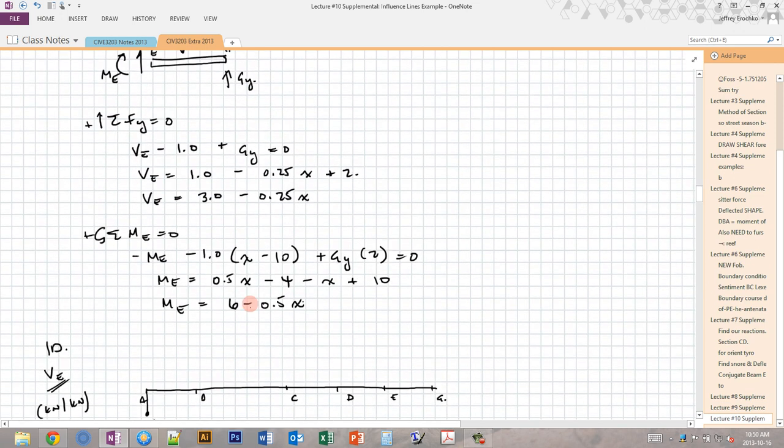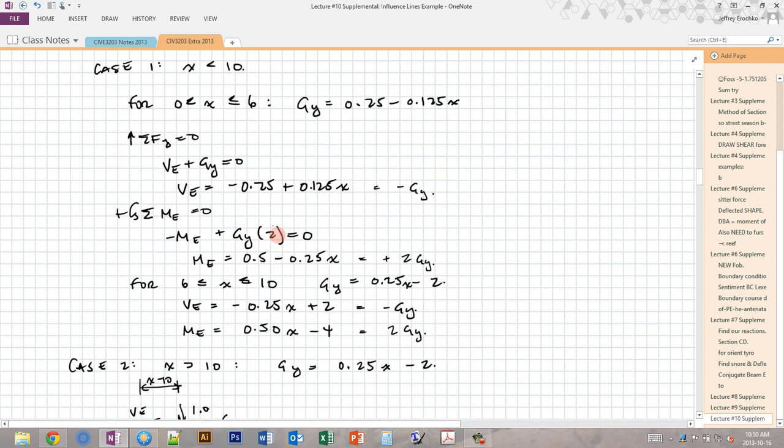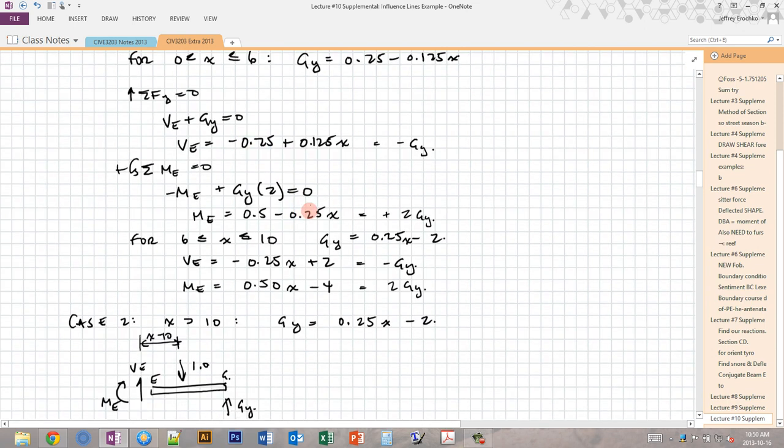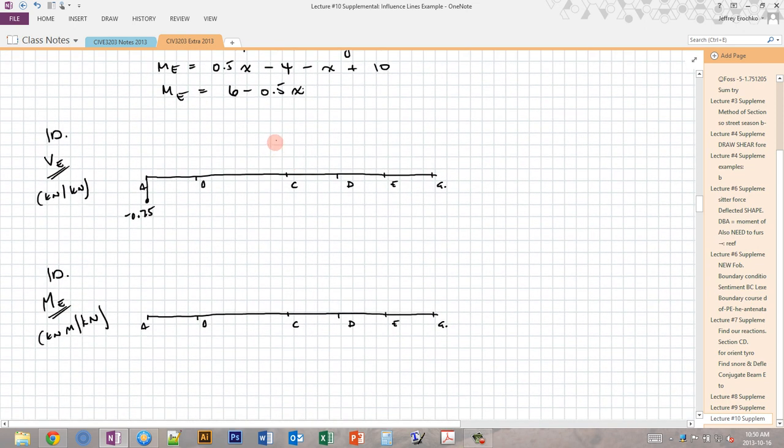Then we can look at x equals 6, which is the other boundary for the first part of case 1. So at x equals 6, we sub in 6 here, and we're going to get plus 0.5. This is 0.5.